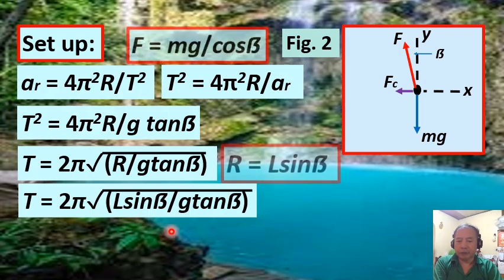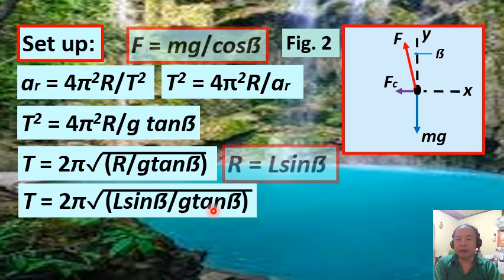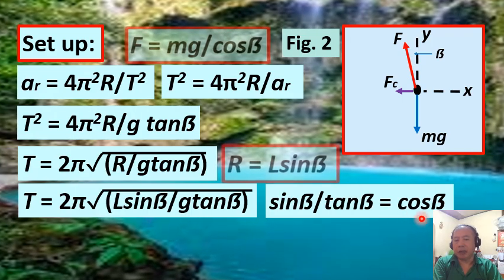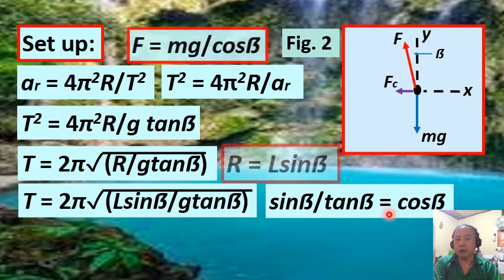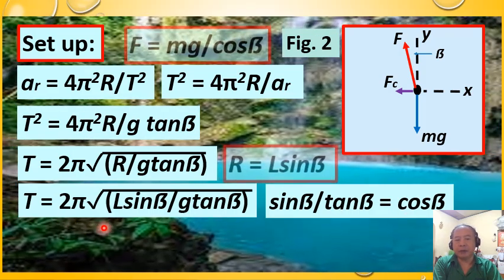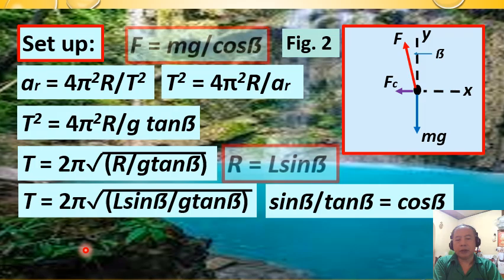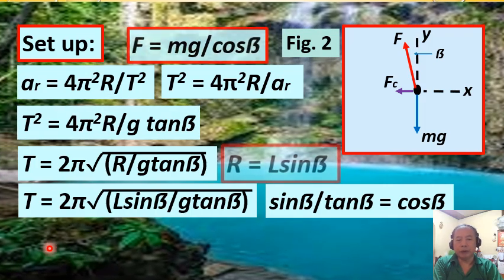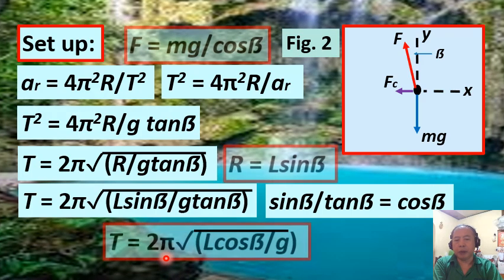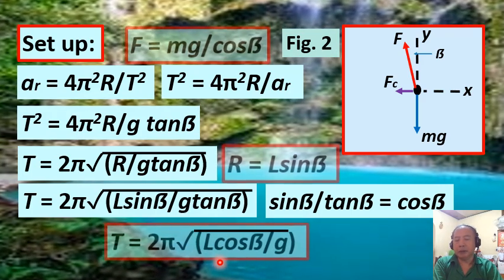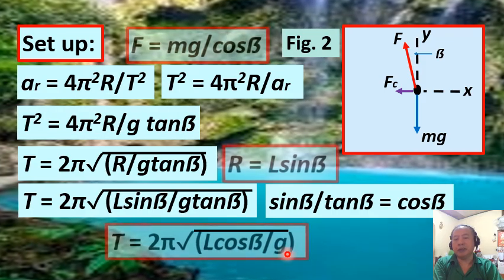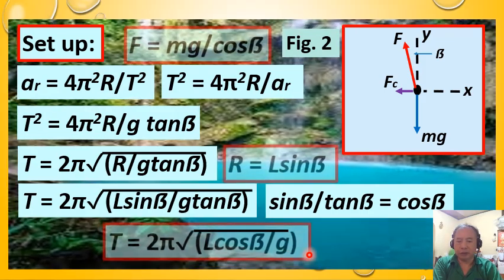And dividing sine beta by tangent beta, we know, gives us cosine beta. So using cosine beta, we further come up with the equation for the period capital T as the product of 2 pi and the square root of the length of the wire L times cosine of the angle beta divided by acceleration due to gravity, g.